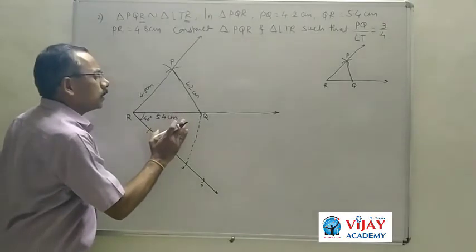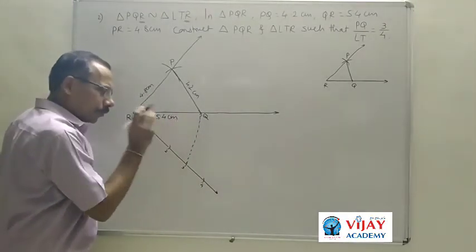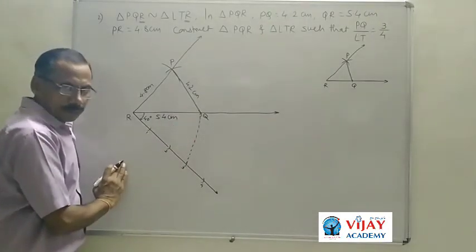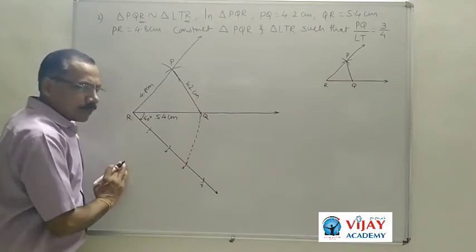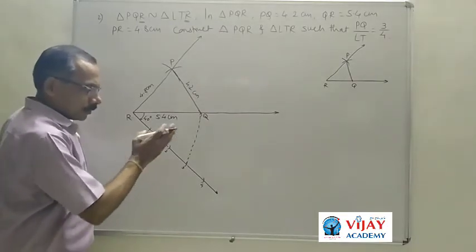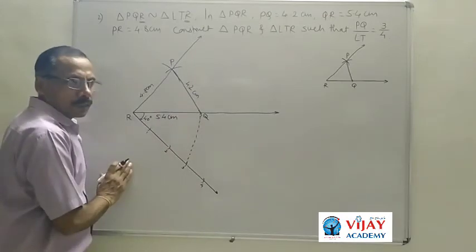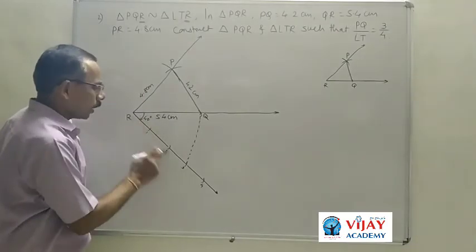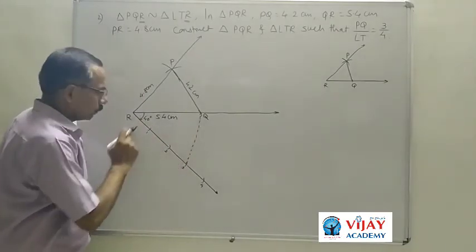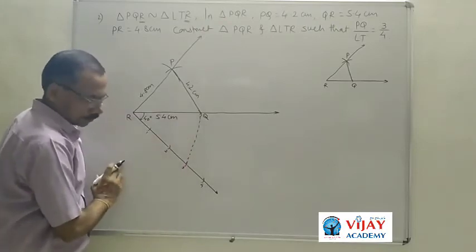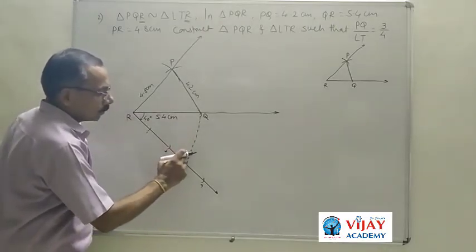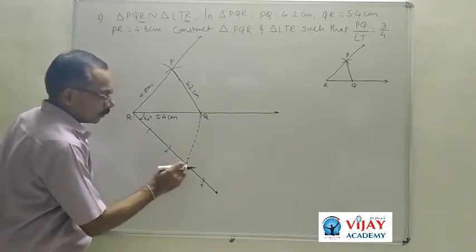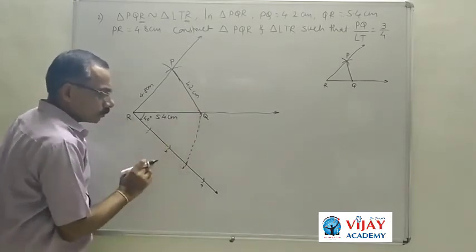Now, to get an accurate figure, we use a backdoor method. Last year we also used a backdoor method, and in this case also we use it. In the backdoor method, first you measure this angle R3Q.